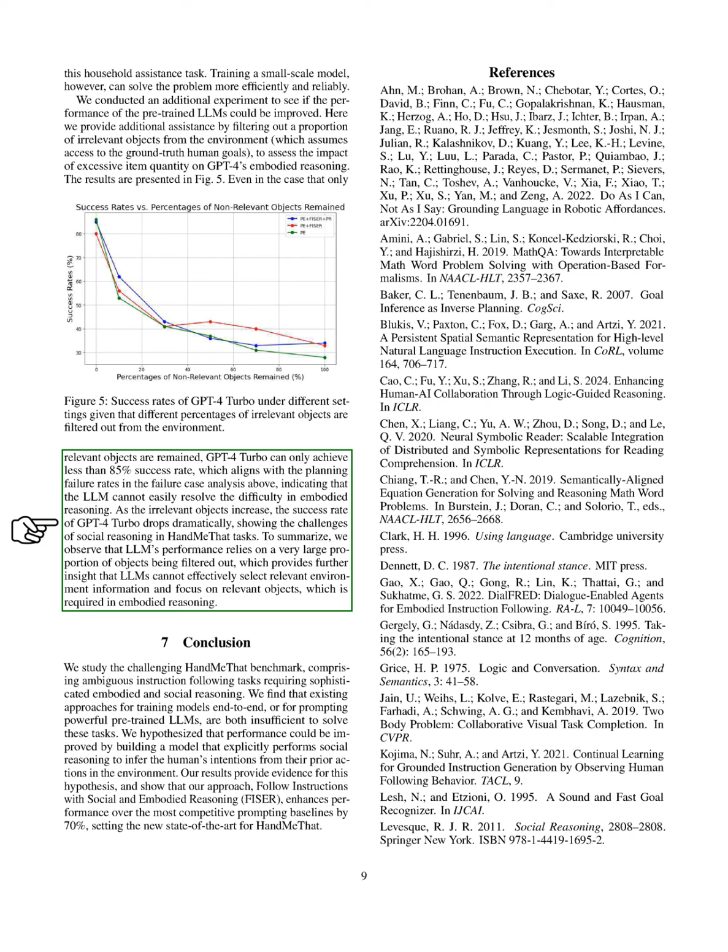As the number of irrelevant objects increased, its success rate dropped significantly, highlighting the challenges of social reasoning in HandMeThat tasks. In summary, we observe that the performance of LLMs heavily depends on filtering out a large number of objects, indicating that they struggle to select and focus on relevant information necessary for effective embodied reasoning.